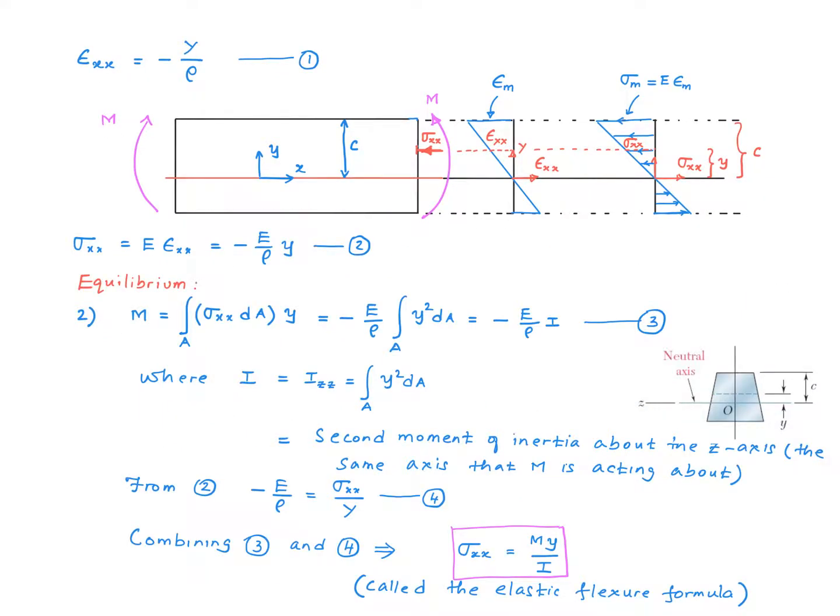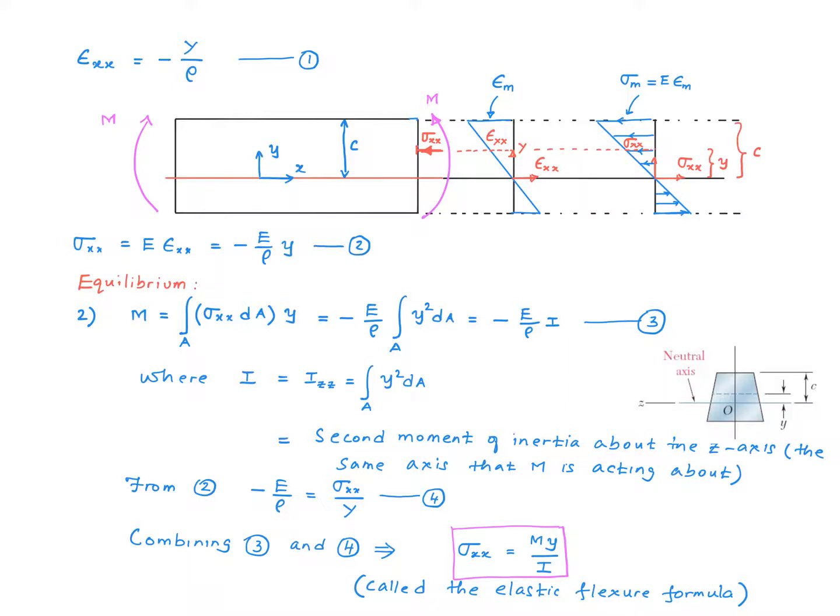The second part of our equilibrium analysis is to express the bending moment that we are applying on this cross-section as a function of the stresses. If I take a little differential element right there, multiply that by the stress, what do I get? I get a small differential force at that point, right? Say I want to take a moment of that force with respect to the z-axis, which is the axis perpendicular to the paper, right?